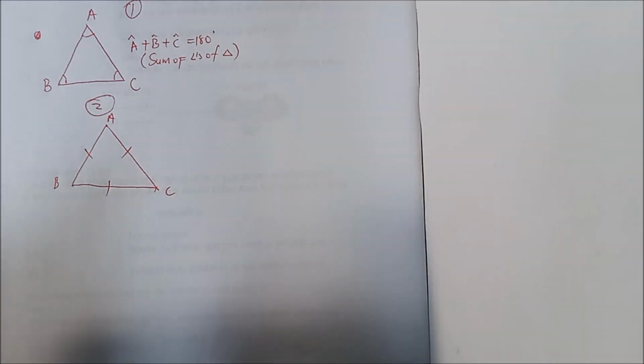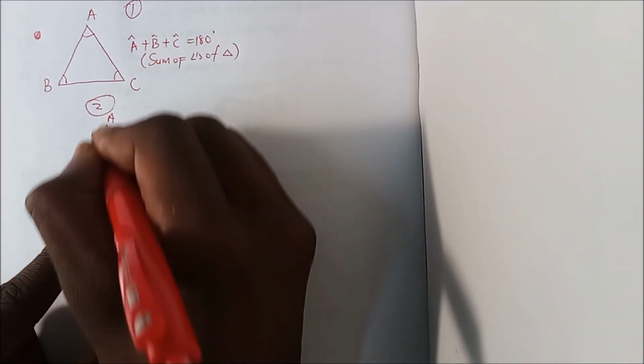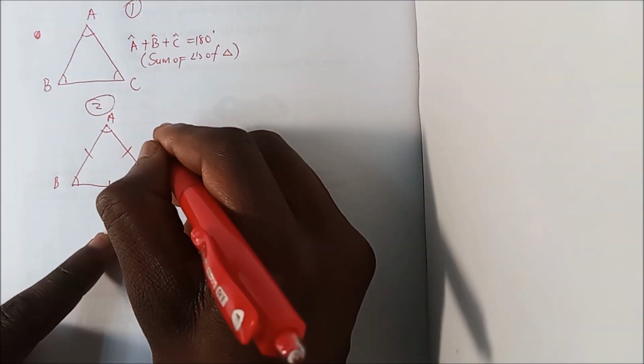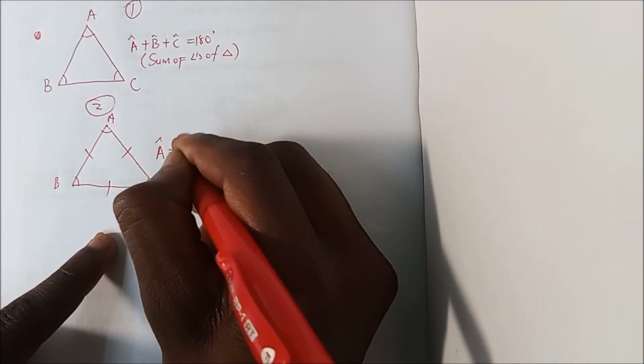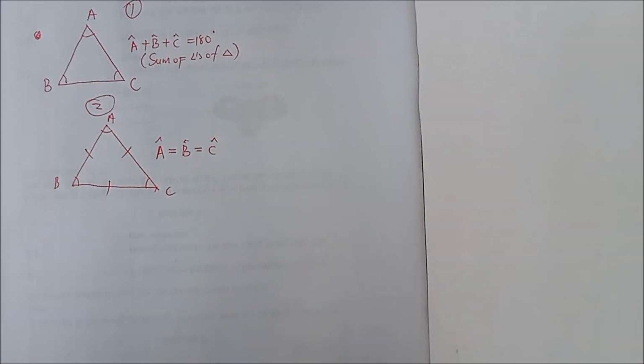This is an equilateral triangle. So what do you know about an equilateral triangle? All the angles inside, they are equal. So that basically means angle A equals angle B equals angle C. So now, if they are all equal, what is the size of each angle in this thing?